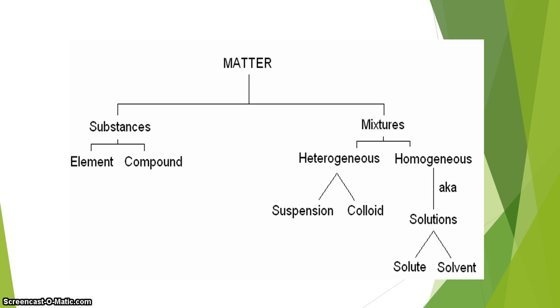If you look at just a basic concept map of matter, you can see that it's divided into substances, which are your elements and your compounds, and mixtures, which we can classify as heterogeneous and homogeneous. And then we'll talk about suspension and colloid, and solution is another name for homogeneous.